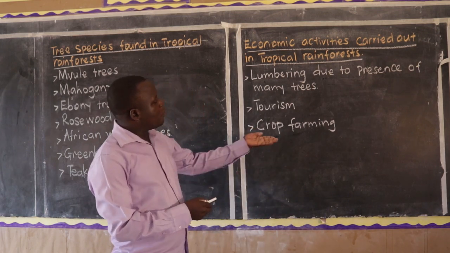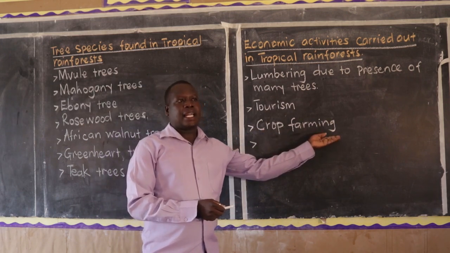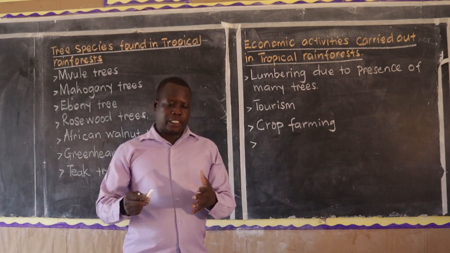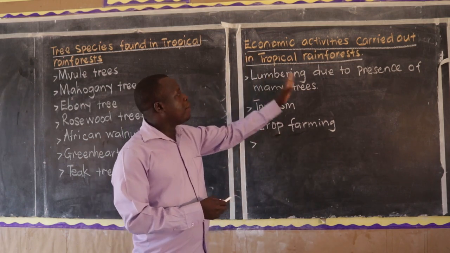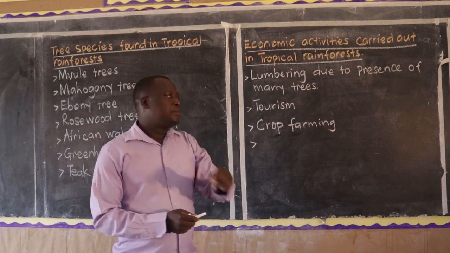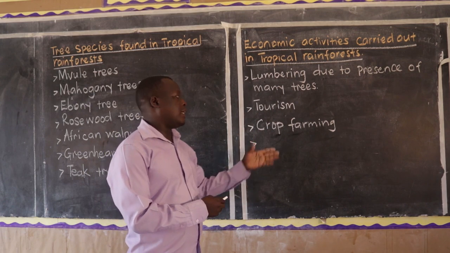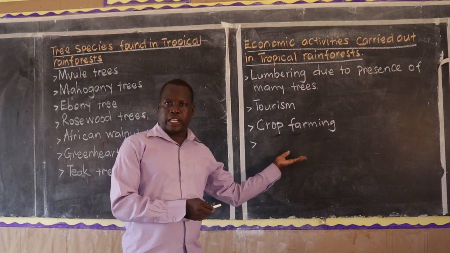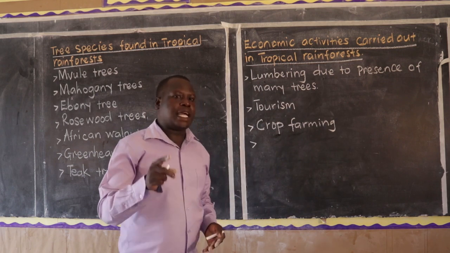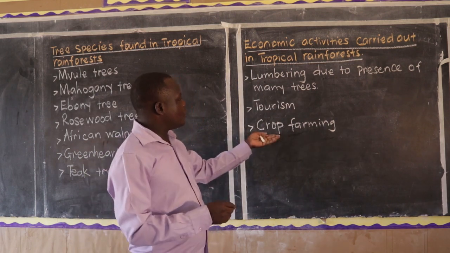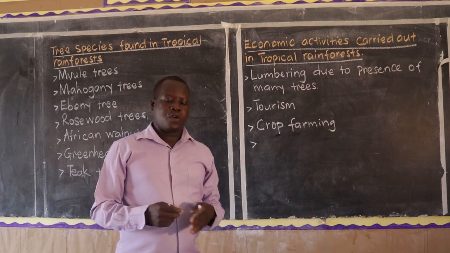Now, why is crop farming mainly carried out in areas around the equatorial rainforests? This crop farming is brought about by one of the influences, and that is the plenty of rainfall that these areas receive. Sometimes they can ask you to give a reason why crop farming is carried out in the equatorial region.